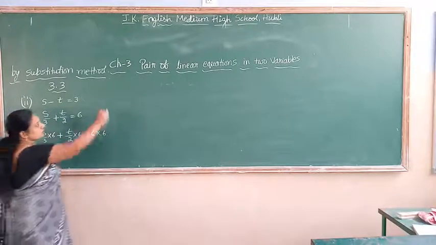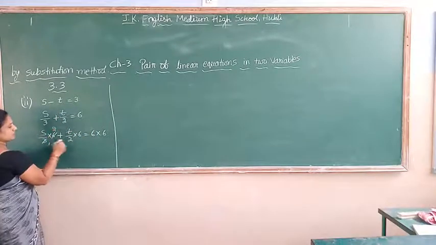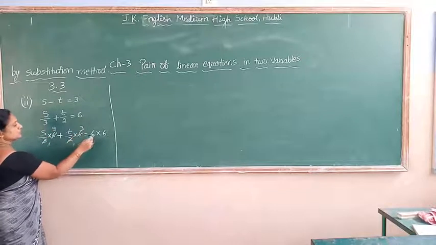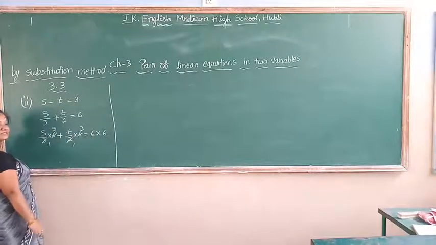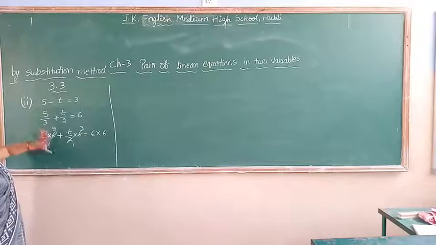After simplification, 3 ones are 3, 2 twos are... 2 threes are 6, and 6 sixes are 36. So I am going to convert this equation into the general form.